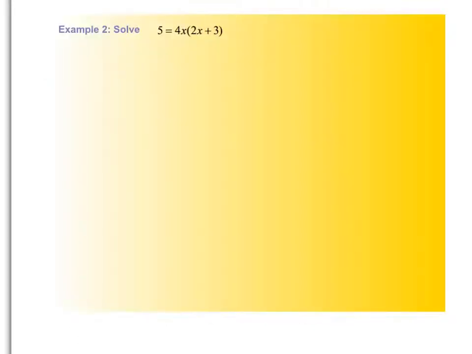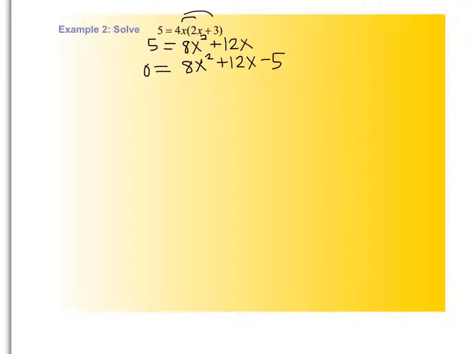We'll just do one more of those. So we need to be able to identify A, B, and C. So let's get this into standard form. I'll distribute the 4x for 8x squared plus 12x. And then I'll subtract 5 from both sides to get 8x squared plus 12x minus 5.